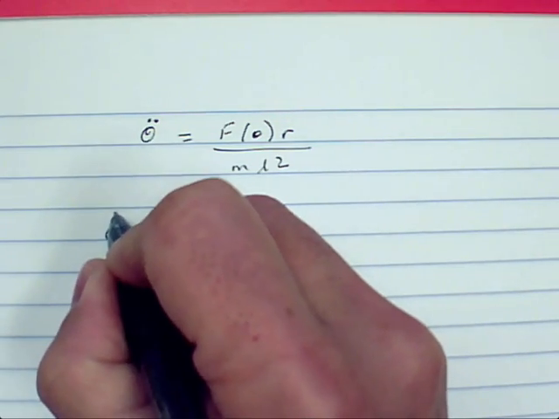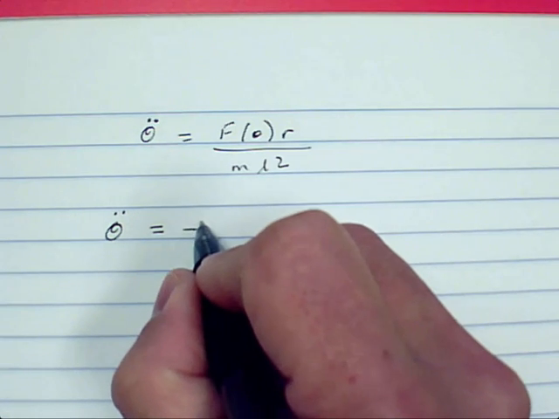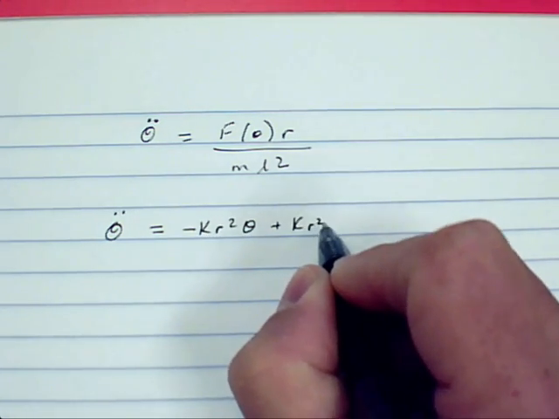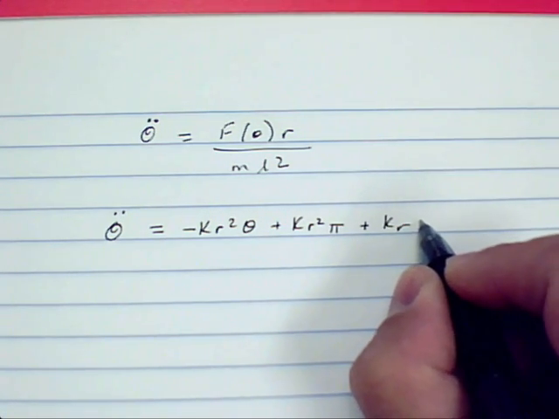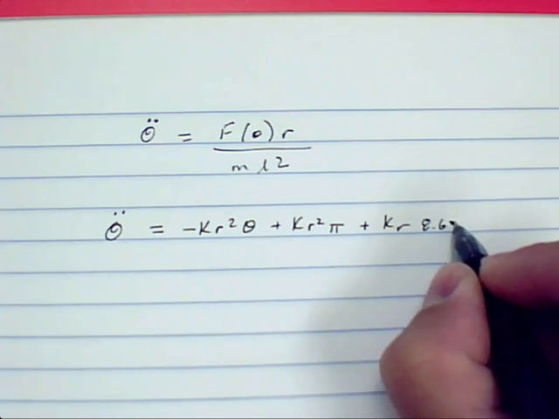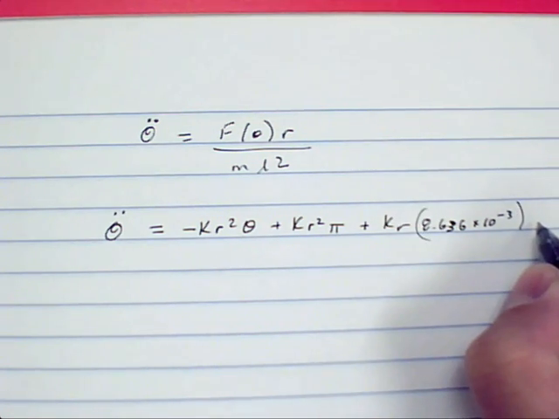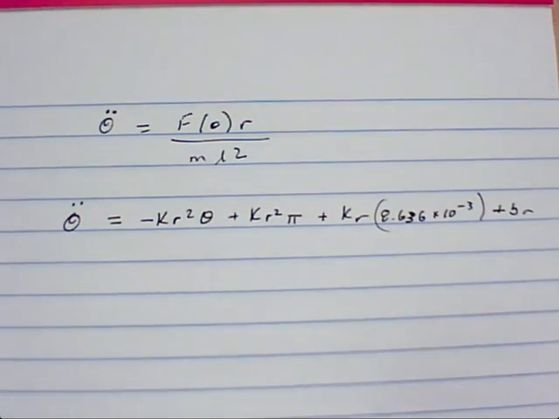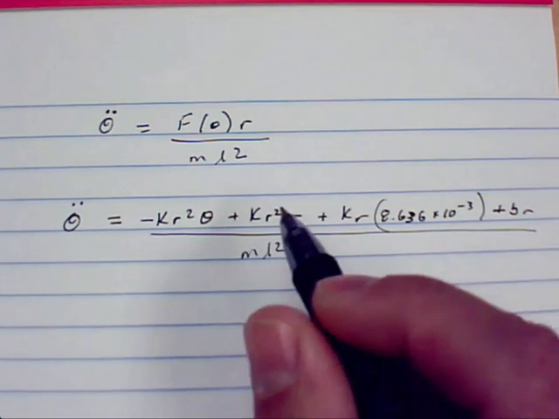So theta double dot, my acceleration, looks like minus kr squared theta plus kr squared pi plus kr times 8.636 times 10 to the minus third plus br, that whole thing divided by ml squared.